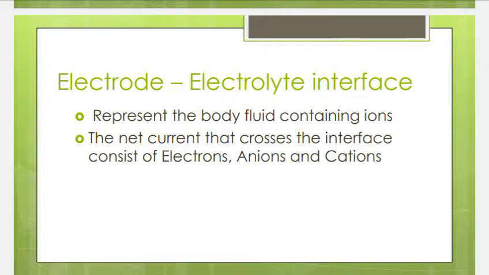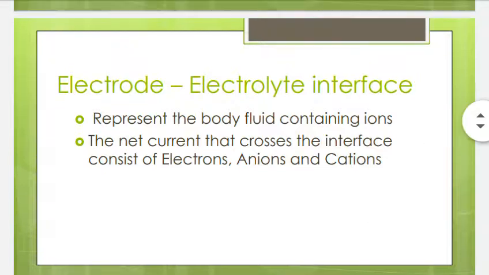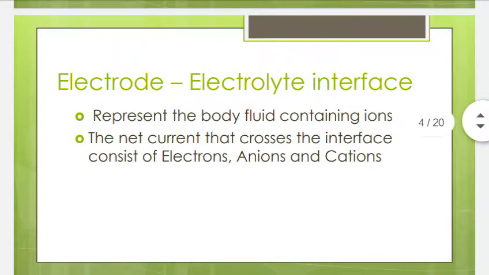The passage of the electric current from the body to an electrode can be understood by examining this electrode to electrolyte interface. If an electric current is generated in the body, that current can be understood using this interface.